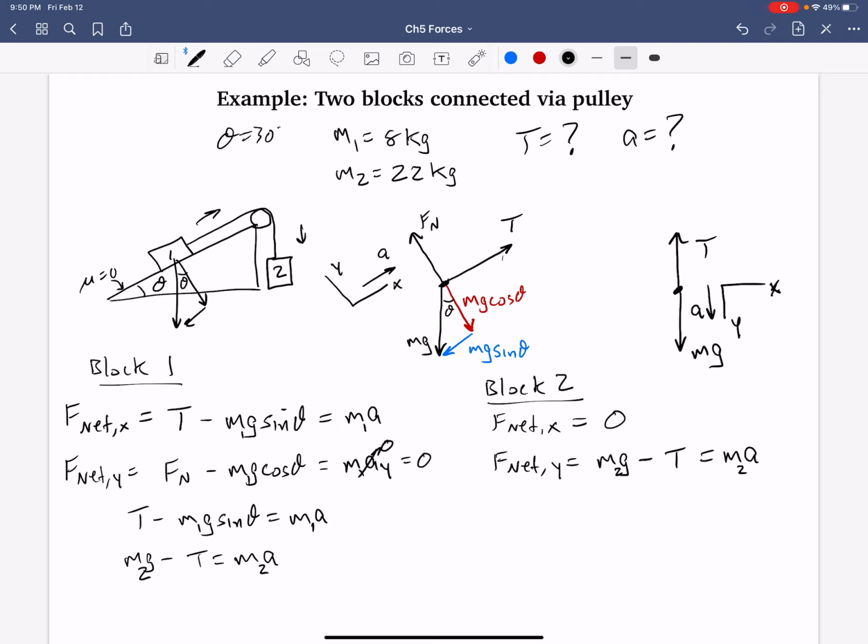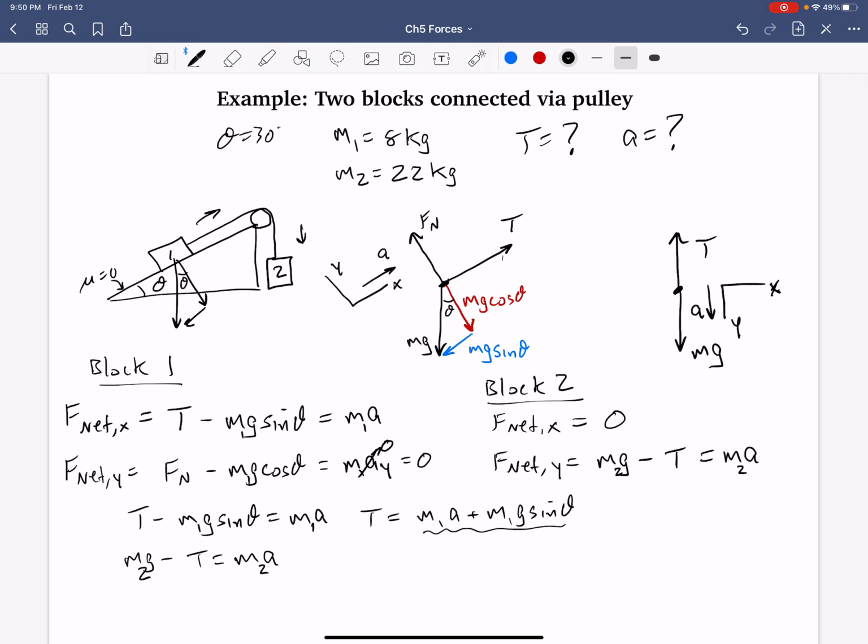All right, so I'm going to solve this equation for t, and then plug that into the other equation and solve for a. So what I mean is that t equals m1a plus m1g sine theta. And so this is my expression right there.